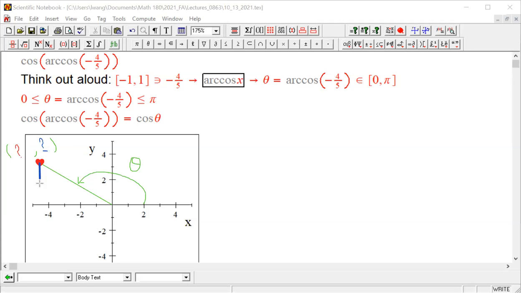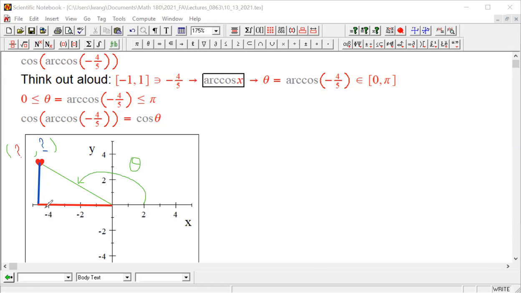There's a red, and this is the blue, and that's the red. What do we know about these ratios? We know the cosine ratio is -4/5.